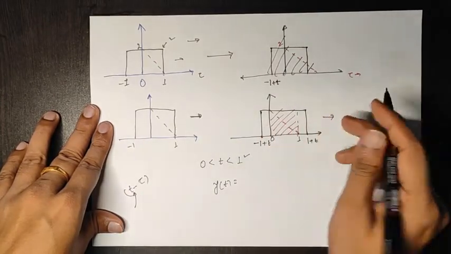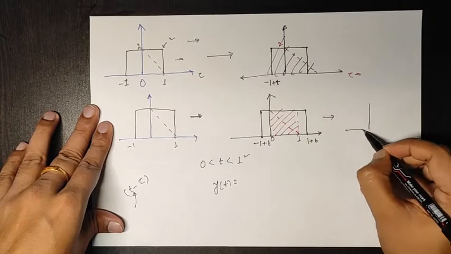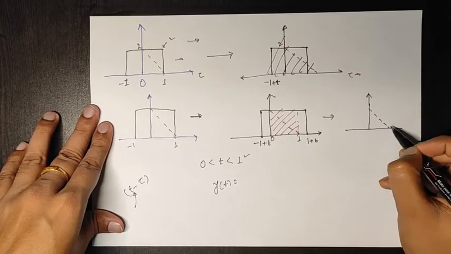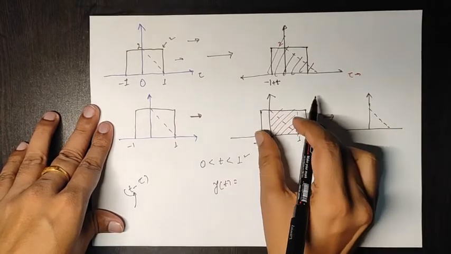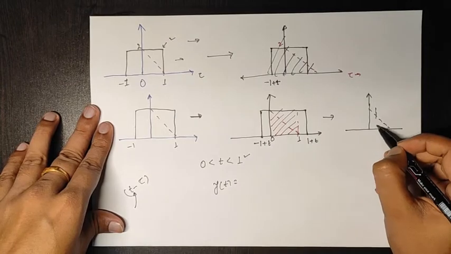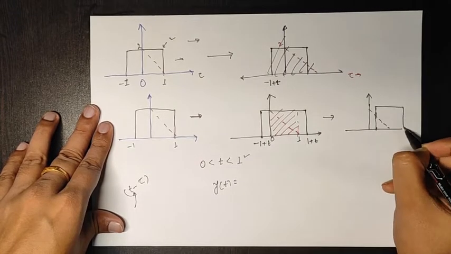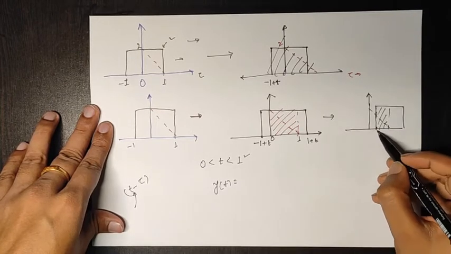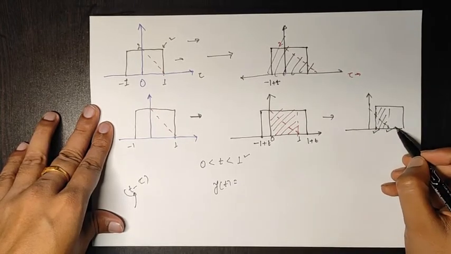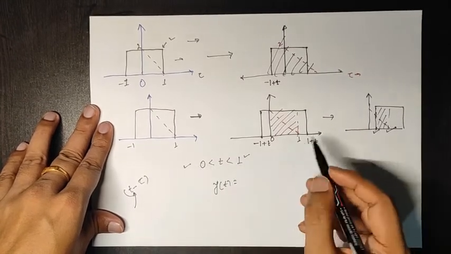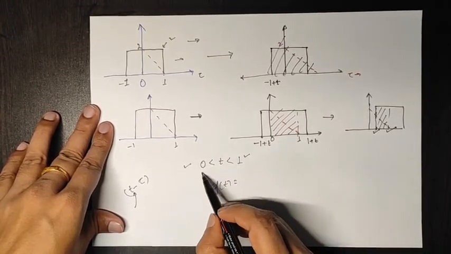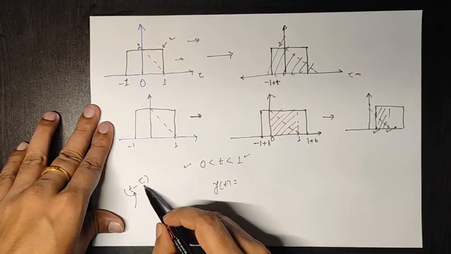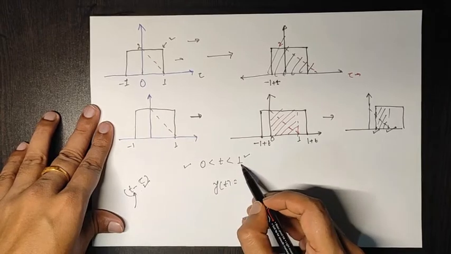If we shift further, let's say we can see it here. Suppose this is x(t). If we shift a little bit further, this will be the new situation. And in this case the limit of integration will change. So for this interval we can maximum do the shifting of tau by 1 unit.